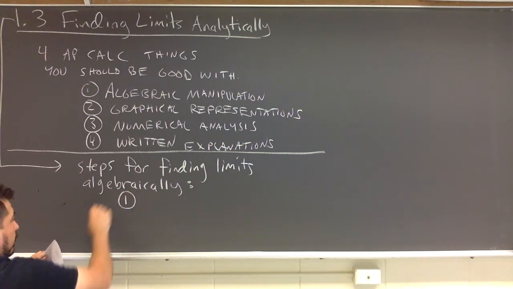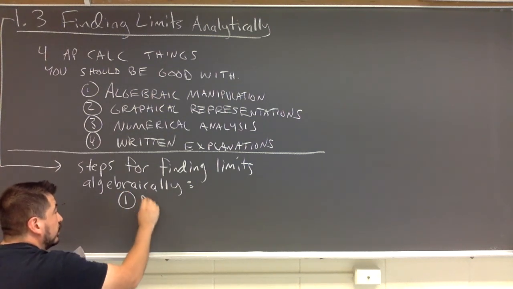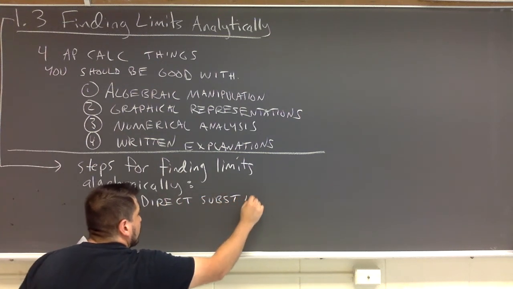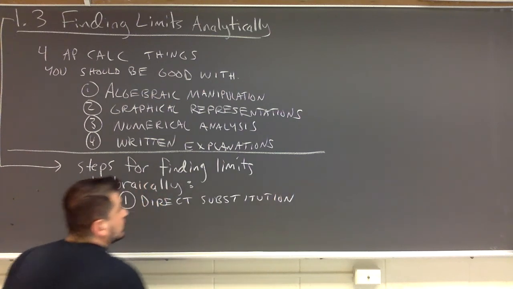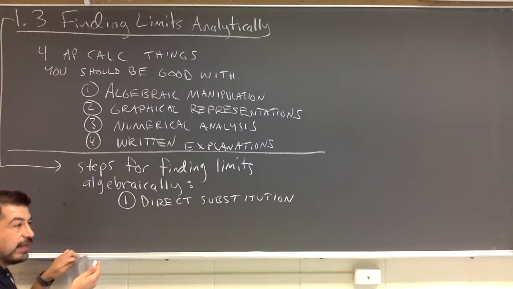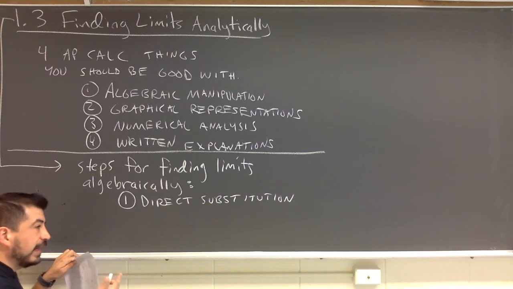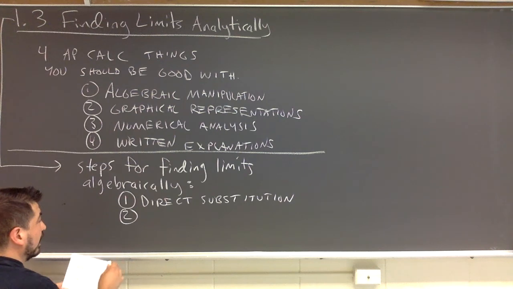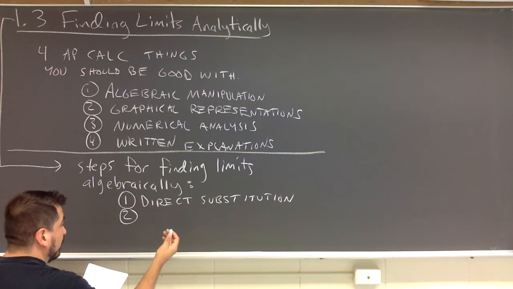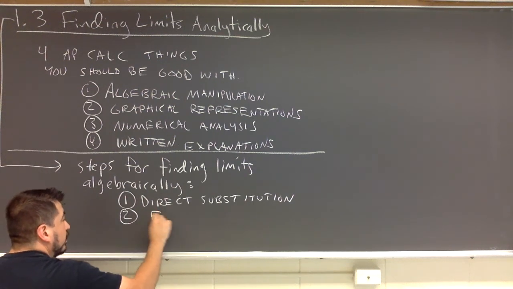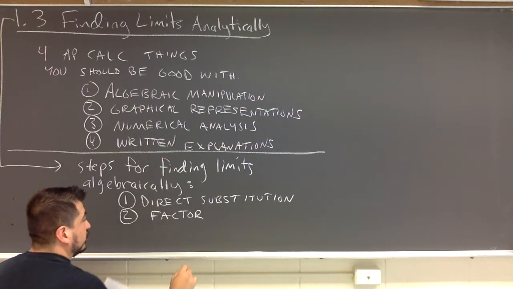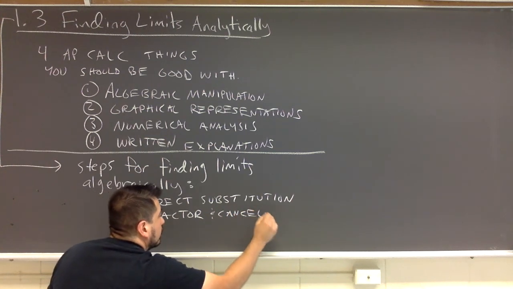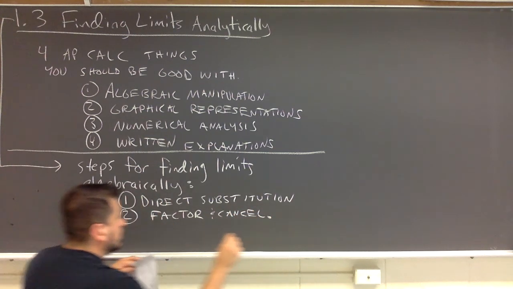First and foremost, you try to just substitute. Can you just plug it in? That's the question. If you can just plug in the value of x for the limit and there's no issues, go ahead and do it. You're good to go. If not, then especially if you have a rational expression, your next best bet is to try to factor and cancel, then resubstitute.